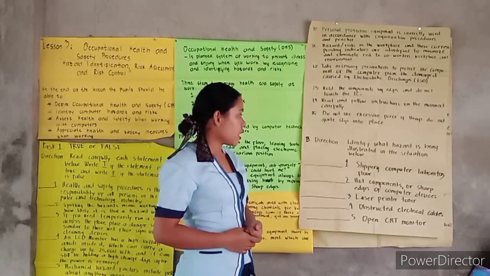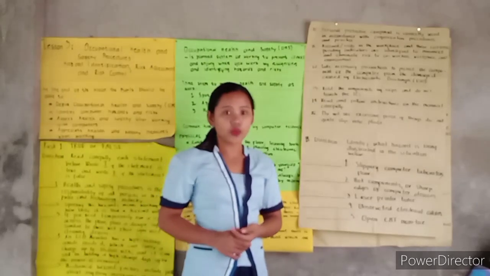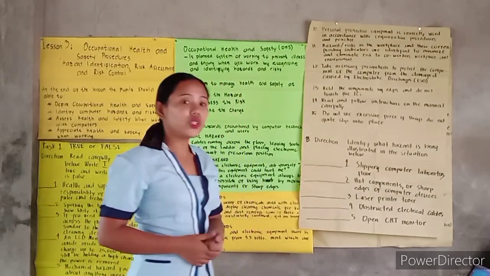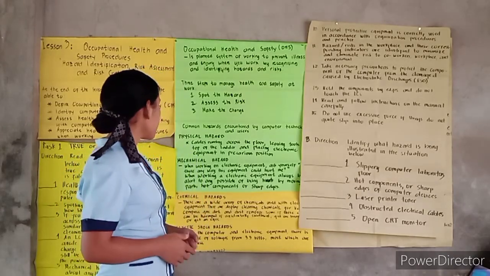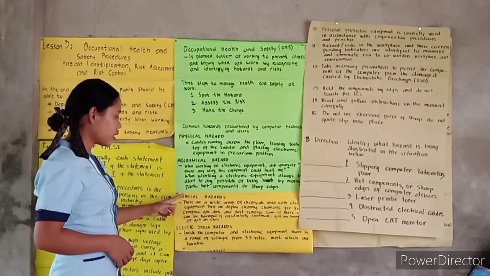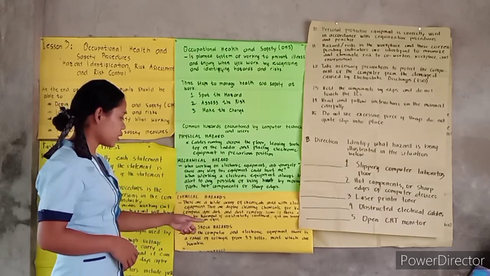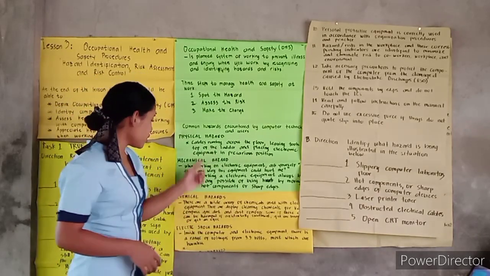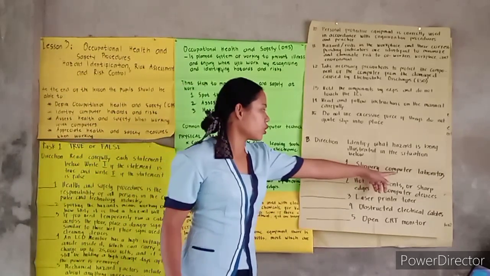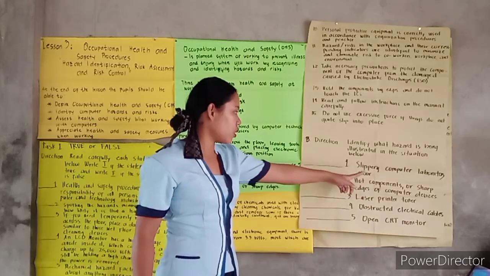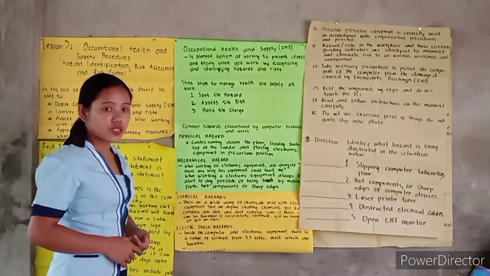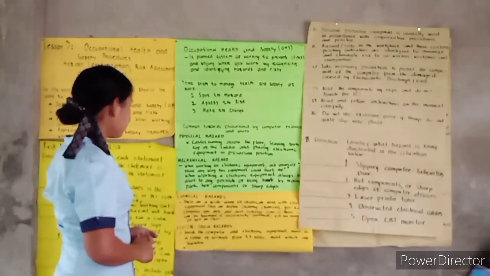You know what are the hazards that we discussed? You will choose between these: the physical hazard, mechanical hazard, chemical hazard, and the electric shock hazard. So these are the four that you will identify. For example, slippery computer laboratory floor. Which hazard does it belong to?